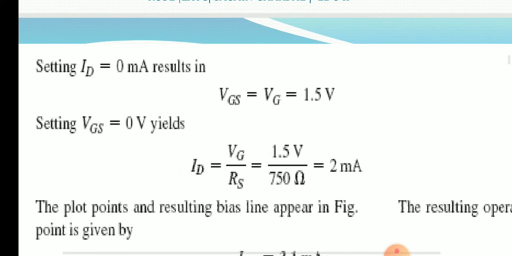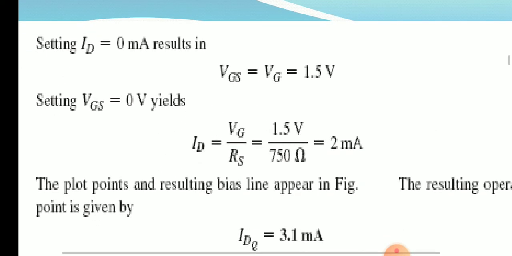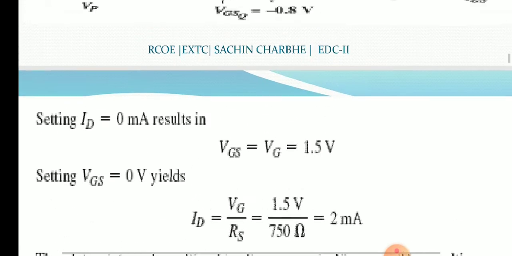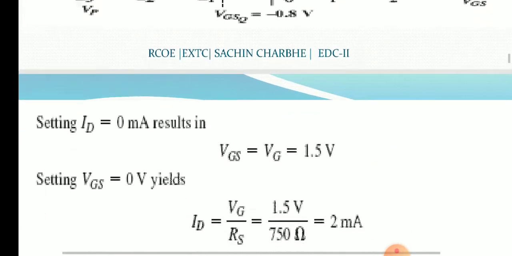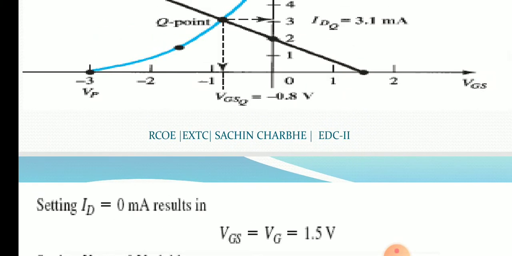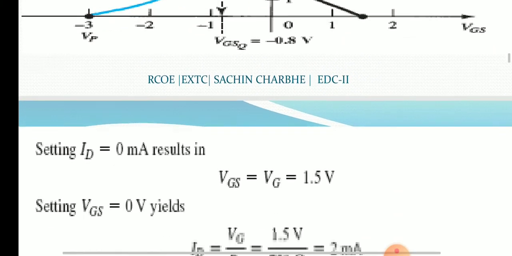Then, when VGS is 0 volt, that yields the drain current equal to VG by RS. Put the value of VG 1.5 volt and RS is 750 ohm. So the drain current is 2 milliampere.